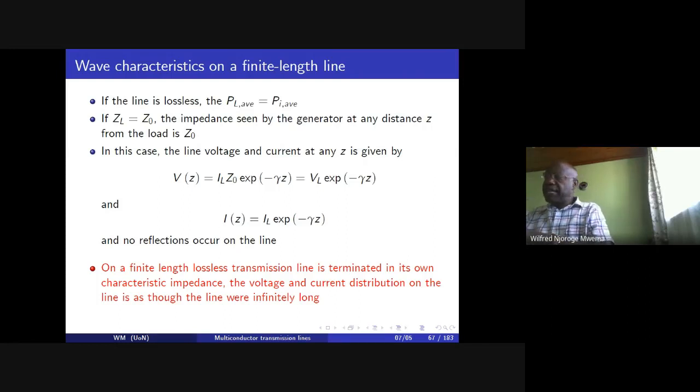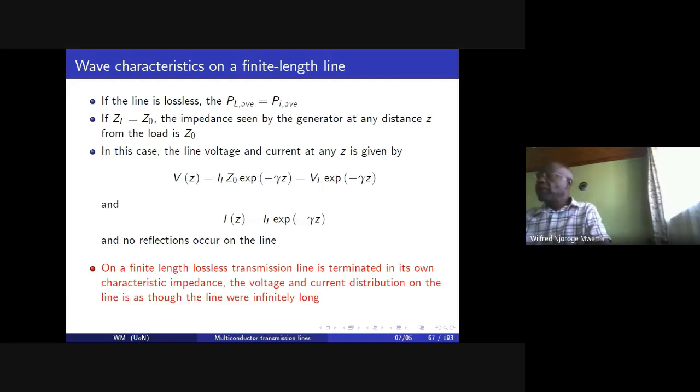So on an infinite length, or on a finite length lossless transmission line terminated in its own characteristic impedance, the voltage and current distribution on the line will be the same as though the line were infinitely long.